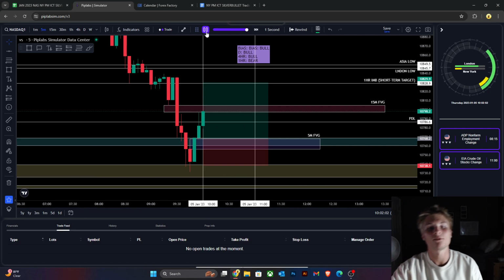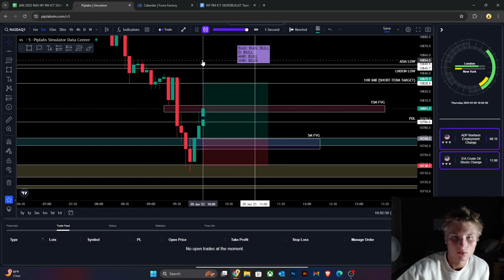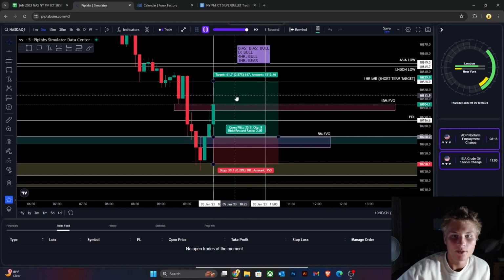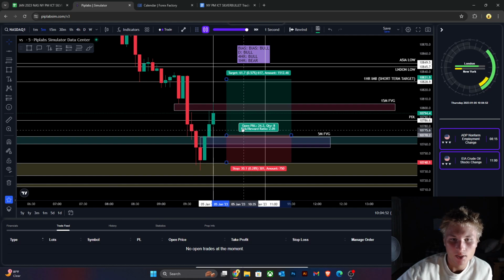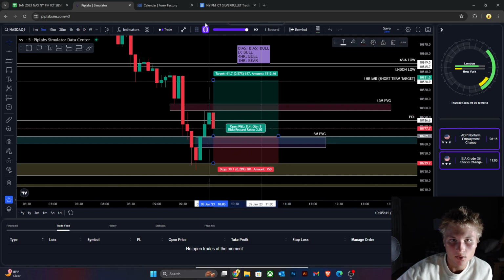Price may just fly without us. But yeah, we're not triggered yet. Looks like we filled this 15-minute gap. And see if we could tap our gap.